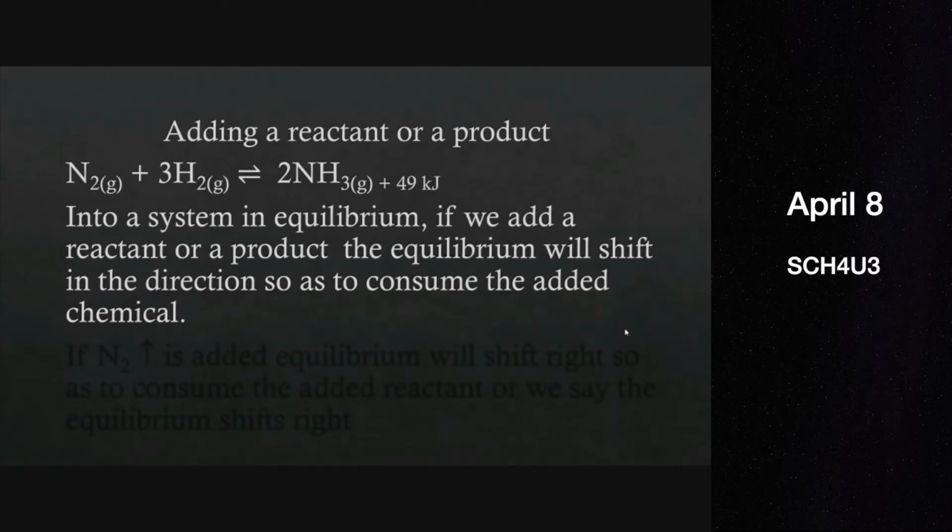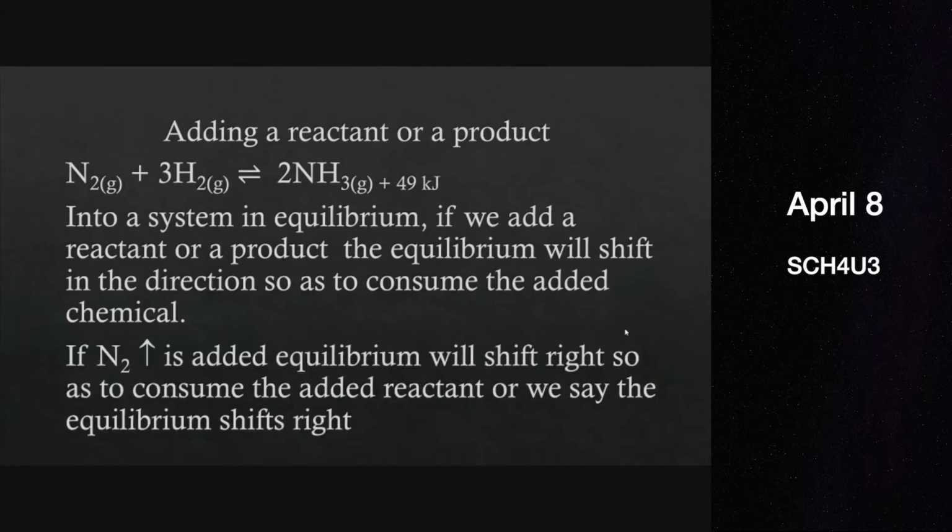And if the system is in equilibrium, and if we add a reactant or a product, normally there will be a shift in equilibrium so as to consume the chemical that is added. So if you increase more reactants, the reaction will try to consume it as quickly as possible and change it into products. Which means the equilibrium would shift right. That's the language that we're going to use.